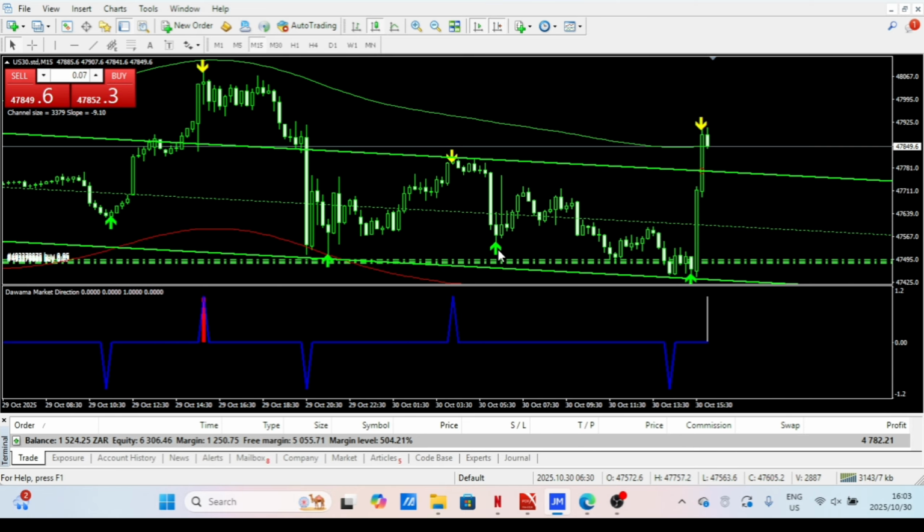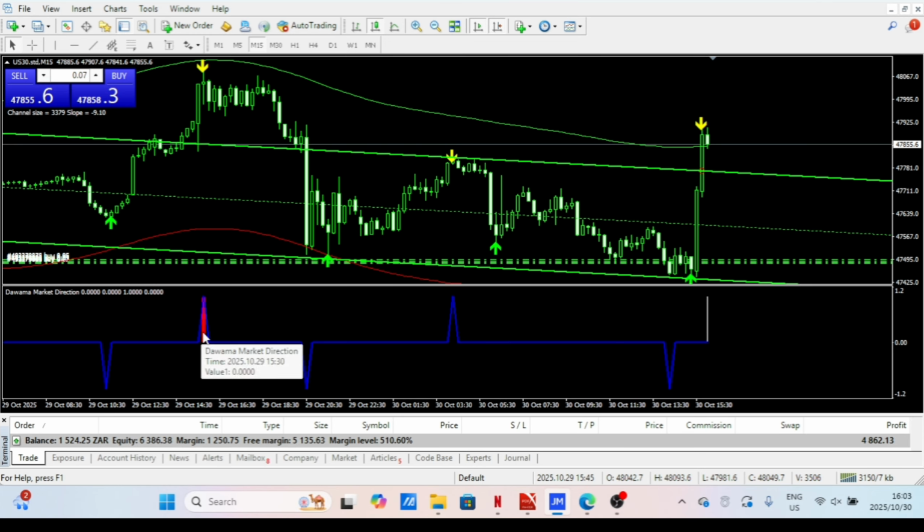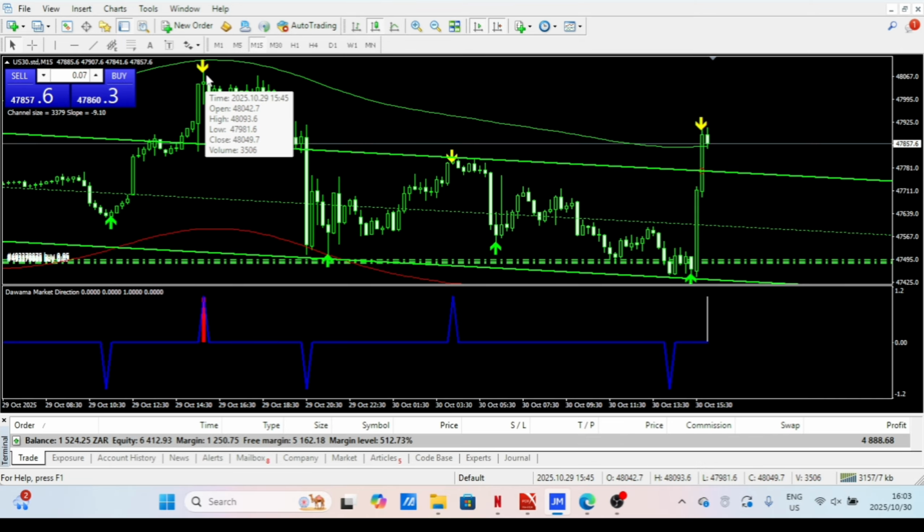And then also another thing, as you can see, right over here there was a sell signal, double confirmation for a sell. This red bar indicates massive sales to come. If you get it like this, it means that we're only going to be entering sales, and then we got the sell, double confirmation.